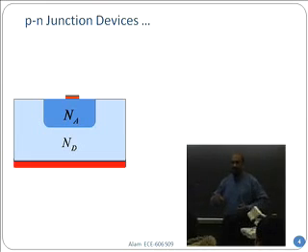And then you may have a region with extra acceptor atoms. What are the acceptor atoms? This could be boron, for example, that has been diffused in. As a result, there is one region where Na, the acceptor concentration, is much larger than the background Nd. Not that the Nd has disappeared, but Na has superseded the value.